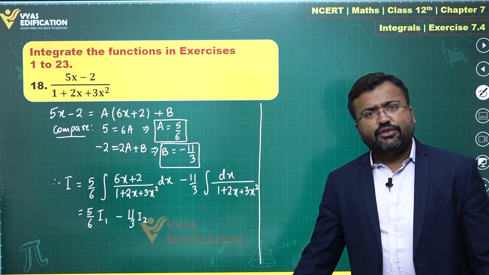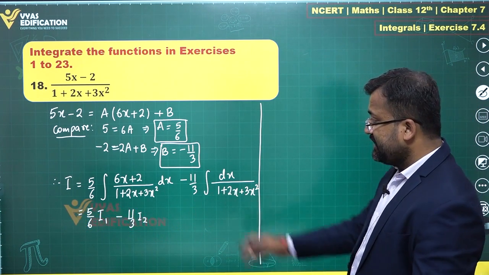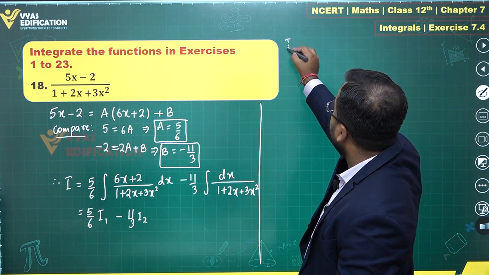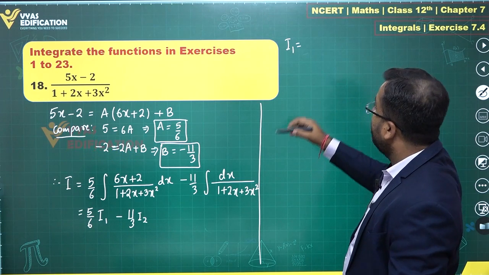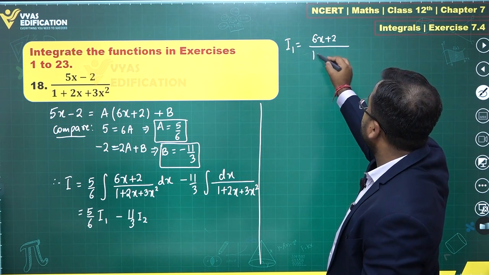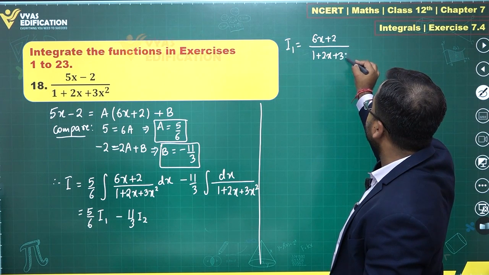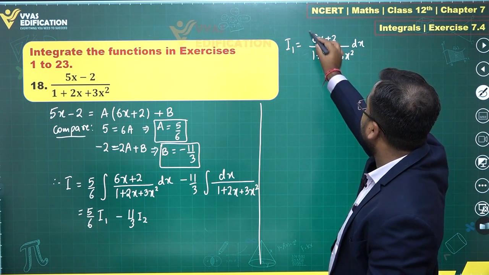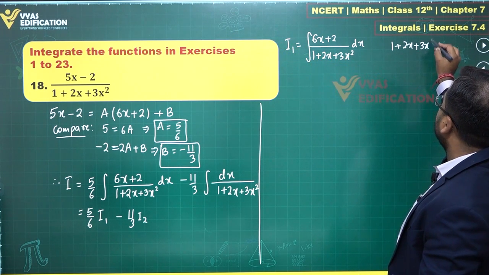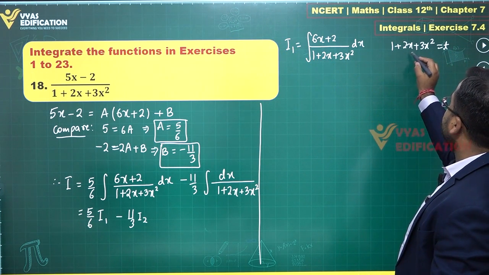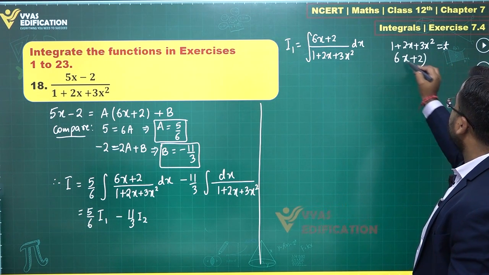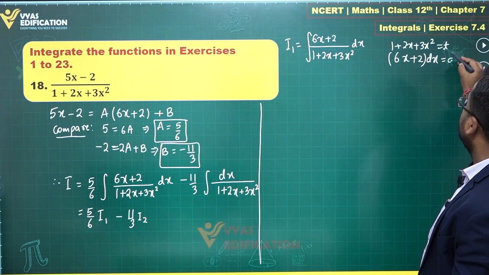Once we find I1 and I2, then we can complete that expression by writing the values of I1 and I2. So I1 is pretty simple. This is 6x plus 2 upon 1 plus 2x plus 3x square dx. The important thing over here is this 1 plus 2x plus 3x square can be written as t, and this tells me 6x plus 2 times dx will be equal to dt.